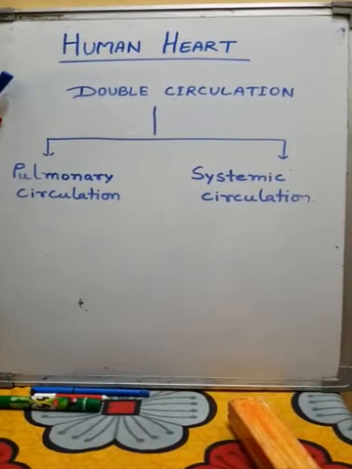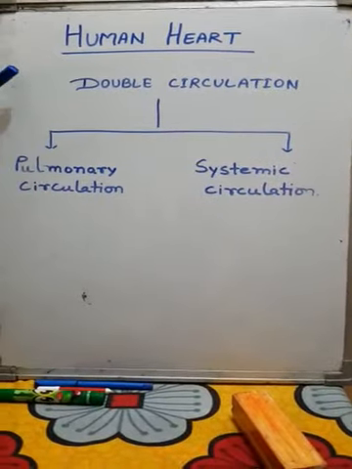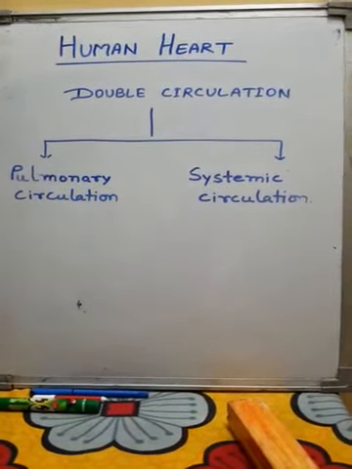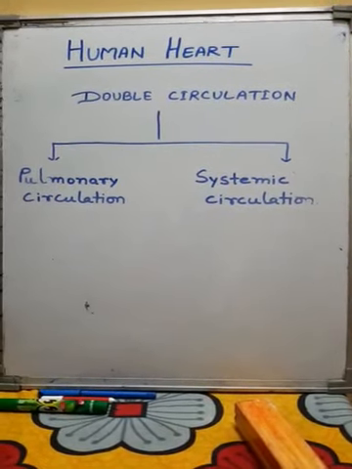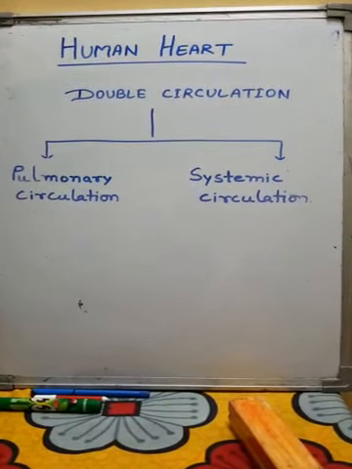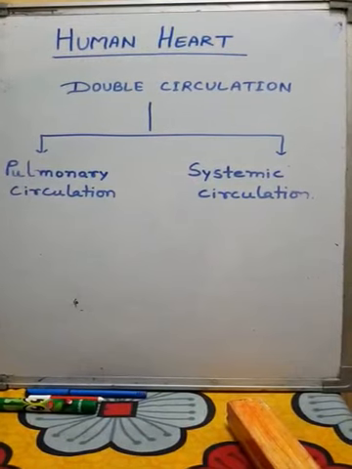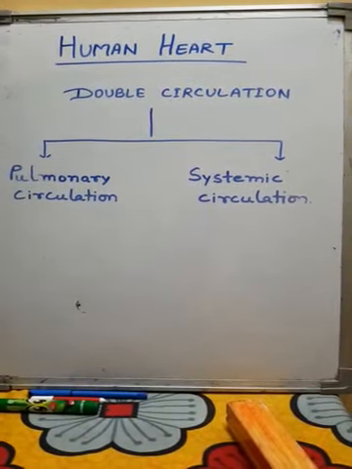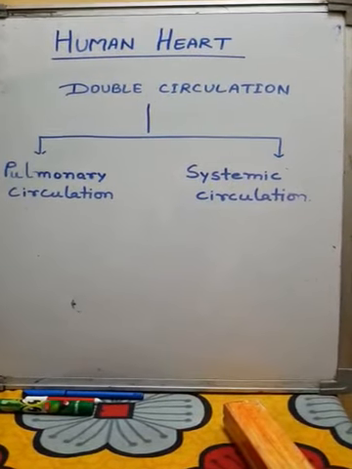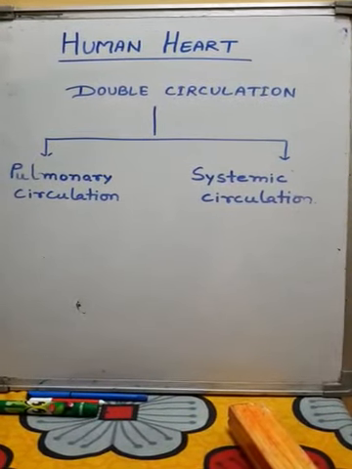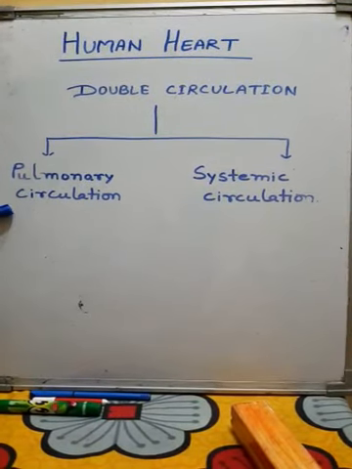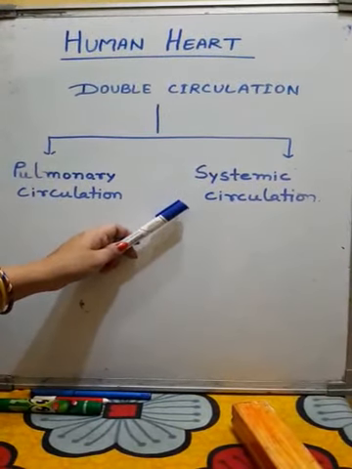Double circulation can be defined as the passage of the same blood twice through the heart, once on the right side in the form of deoxygenated and then on the left side in the form of oxygenated, in order to complete one cycle. Double circulation has two components, pulmonary circulation and systemic circulation.